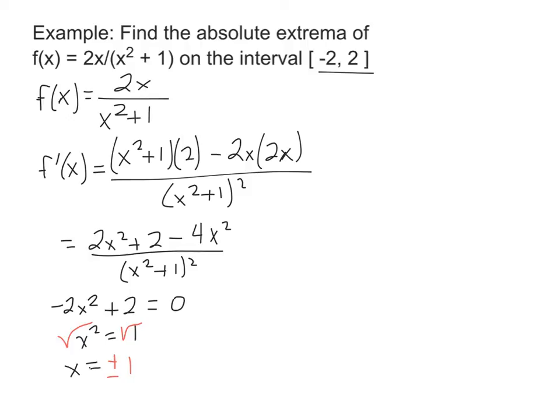And also, I need to evaluate where the first derivative does not exist. Well, it's going to not exist where the denominator equals 0, because values are undefined there. If I take the square root of both of those, I'm going to get x squared plus 1 equals 0.